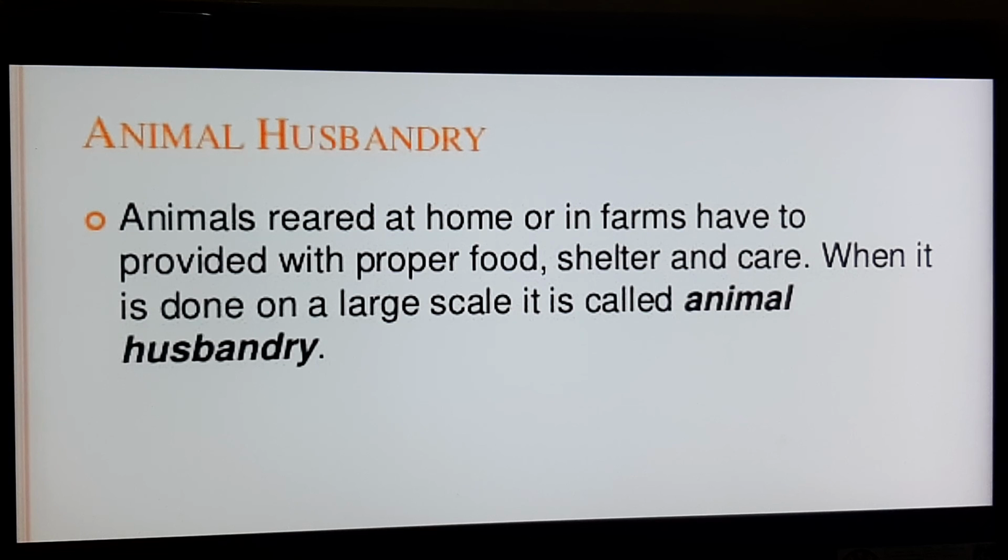You know very well which animals: cows, buffaloes, goats and sheep are reared at home as well as in farms, and all these animals get proper food, shelter and care. When it is done on a large scale, it is called animal husbandry.